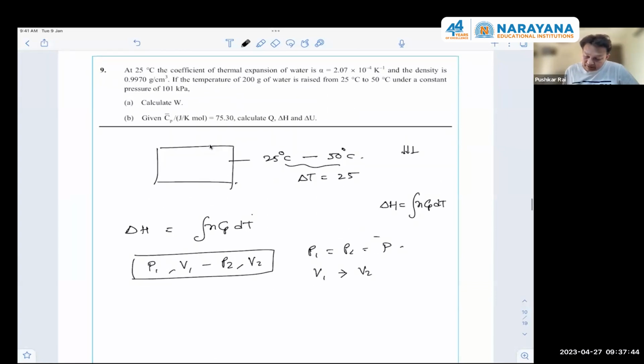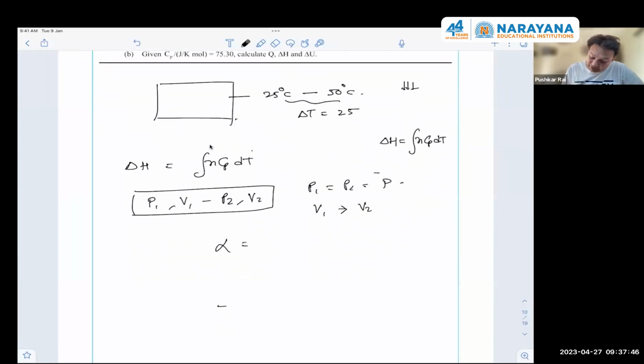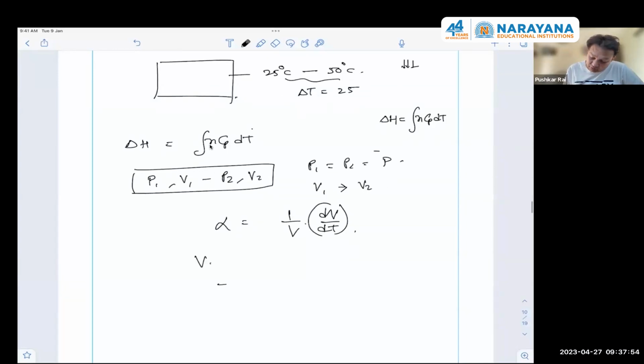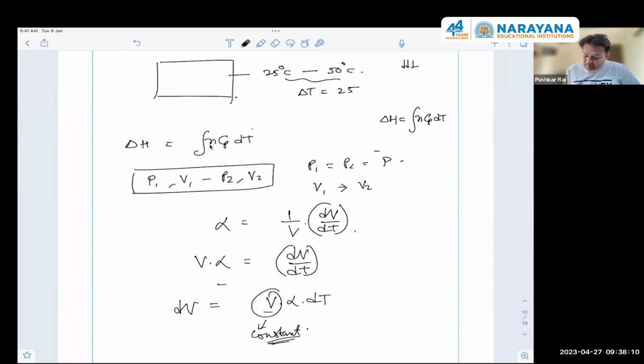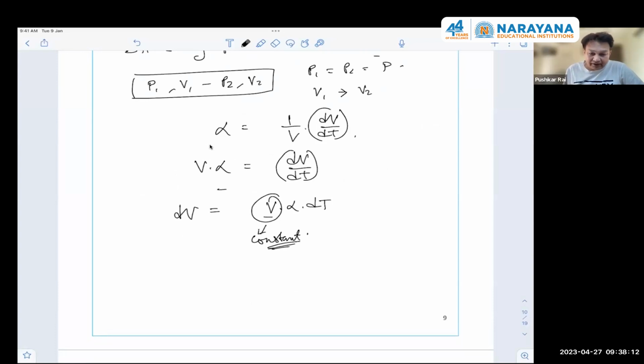How to get this? Alpha is given. I already told you alpha is equal to 1 by V dV by dT. So if it is liquid, then we can say that V into alpha is equal to dV by dT. And in fact, we can say dV is equal to V into alpha into dT. And this V is practically constant.